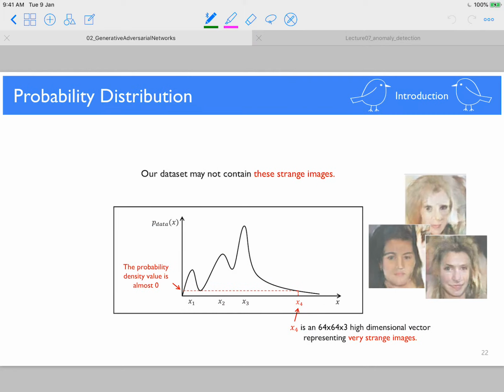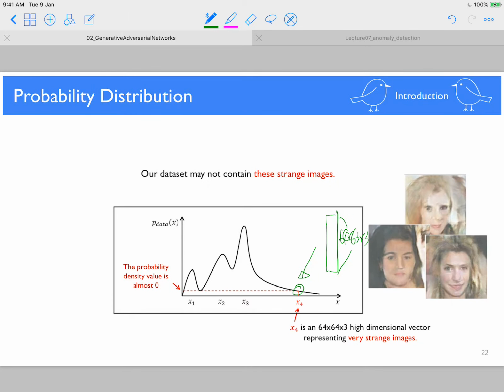Okay, so in this case, for this region, where we didn't see our real data in the nearby region, or the neighbor region, the corresponding 64 by 64 by 3 kind of vector, in that case that corresponding image will not be likely to be observed in reality or in the real world.